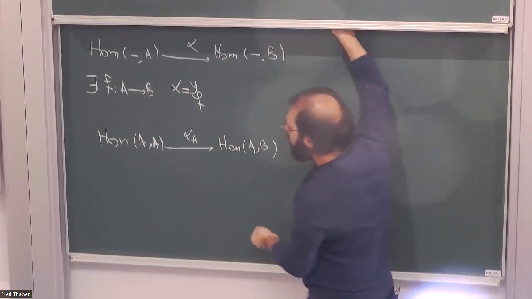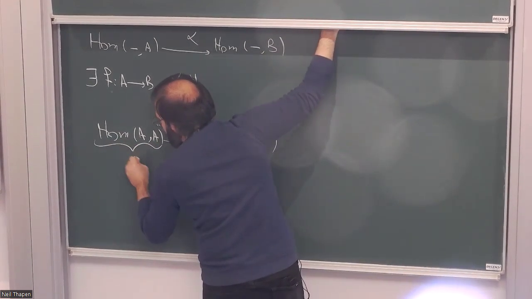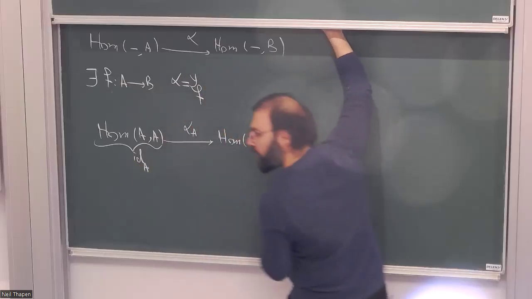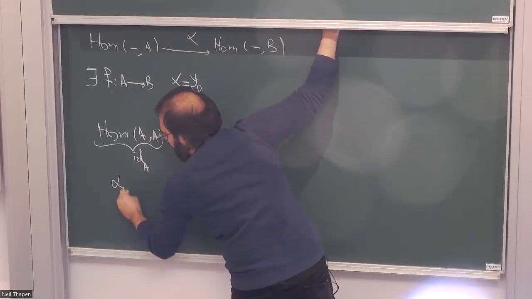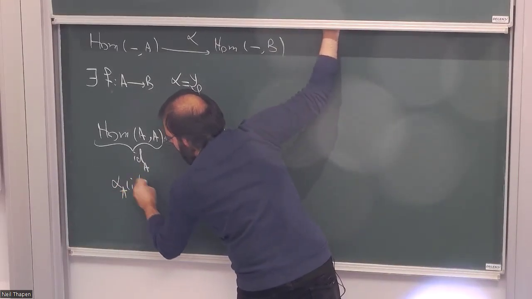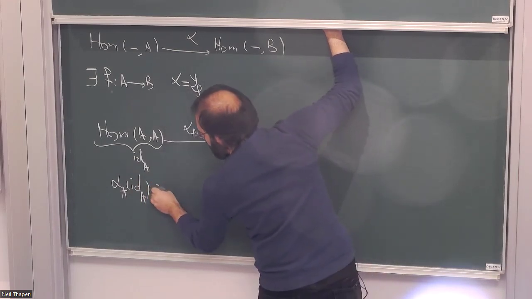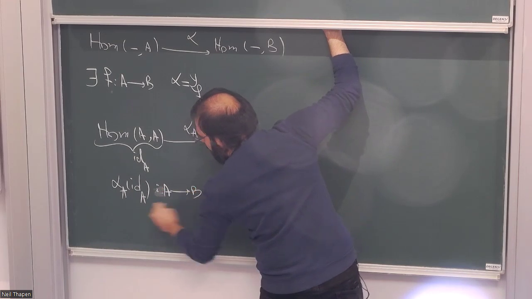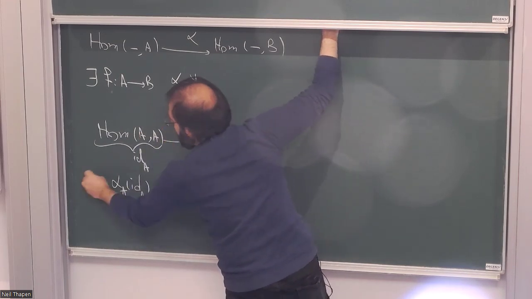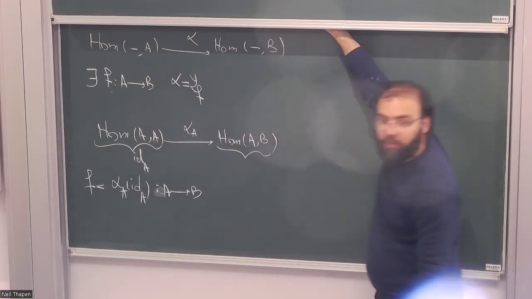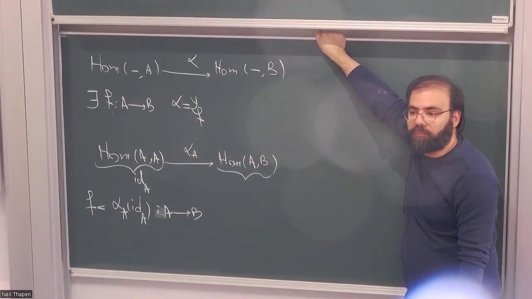Why not? Then you have the identity map here. Therefore, alpha A identity of A is simply a map from A to B. And the claim is that F here is this. Right? This is the canonical F that I have to pick.